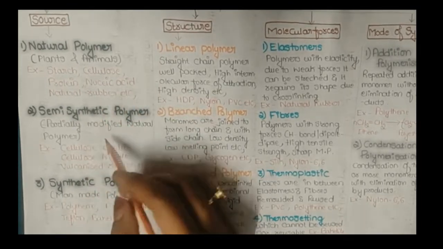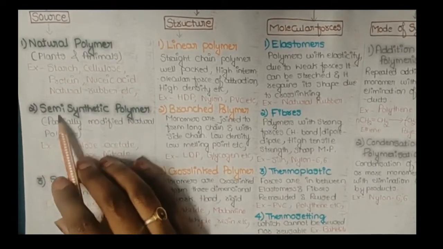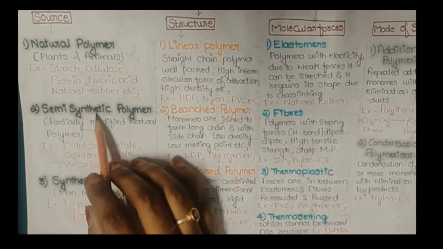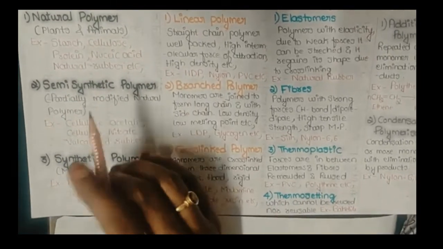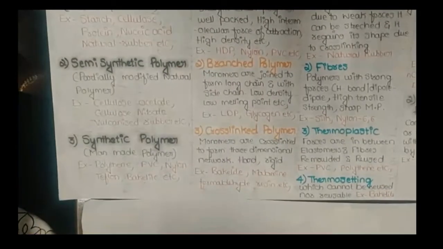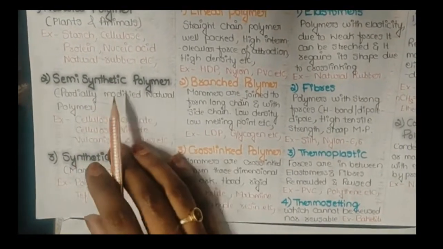So let us move on to the next type, semi-synthetic polymer. The word itself is telling: semi means partially, synthetic means modified. So you are going to partially modify a natural polymer. Those polymers are called semi-synthetic polymers.